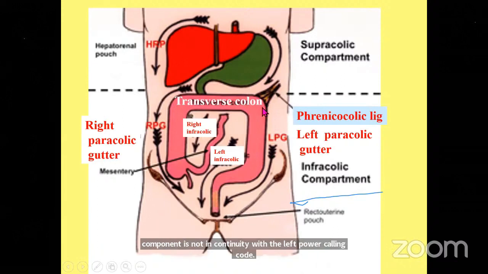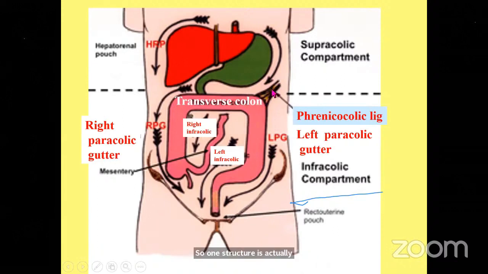So one structure is actually separating the left supracolic compartment from the left paracolic gutter. So which is the structure interfering with the continuity? Can someone identify the structure which is hindering the continuity between the left supracolic compartment and left paracolic gutter?